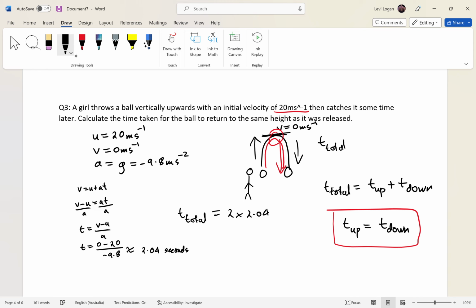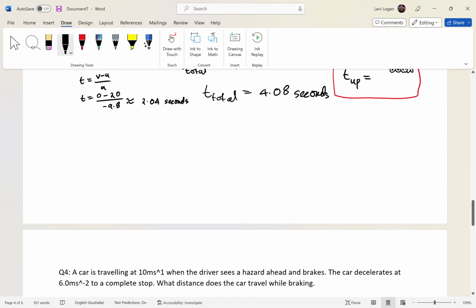Okay? So our t total is equal to 4.08 seconds. Because the time up equals the time down, since we've calculated the time up, we're just going to multiply that by 2 to get the total time. Alright, cool. Let's move on to the next question.